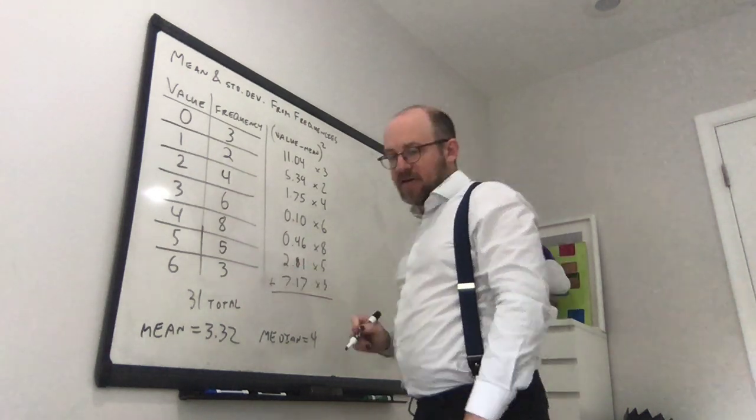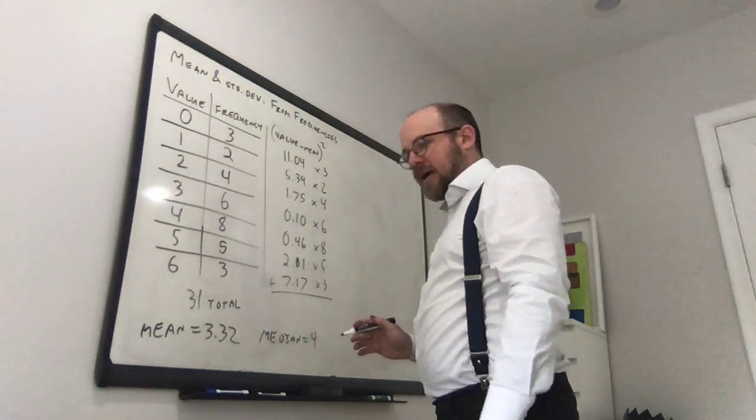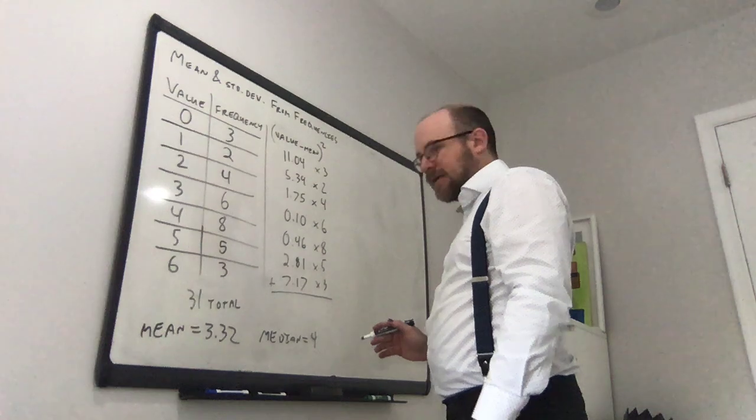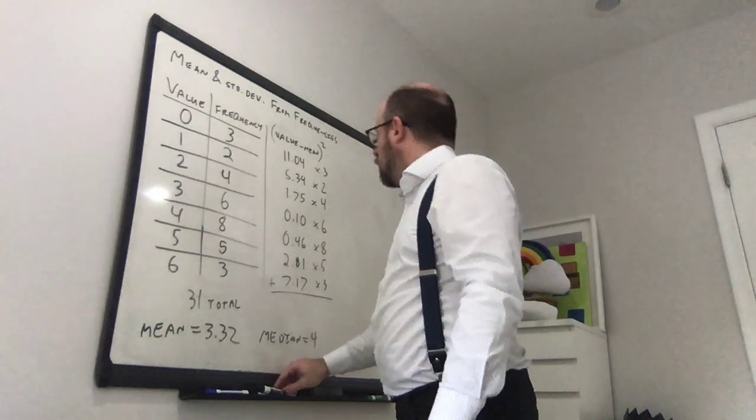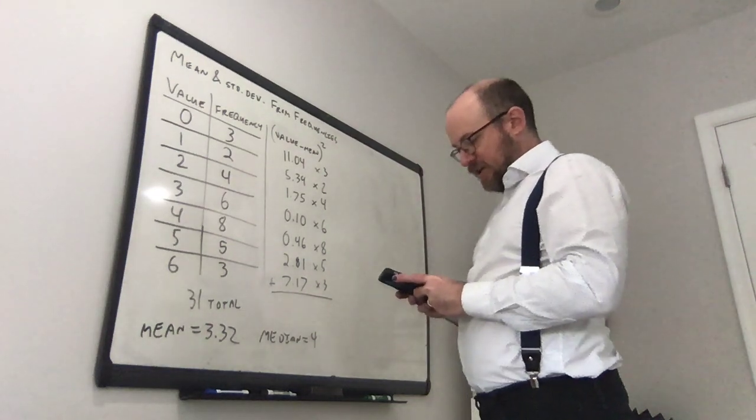Add all of those values up, which is a lot of work and takes a lot of effort. So let's see, we can go through and do each of these. I thought I had all this written down, but I don't actually.